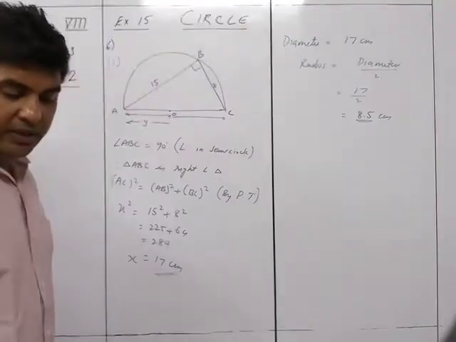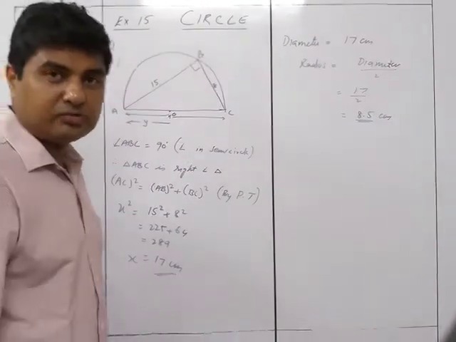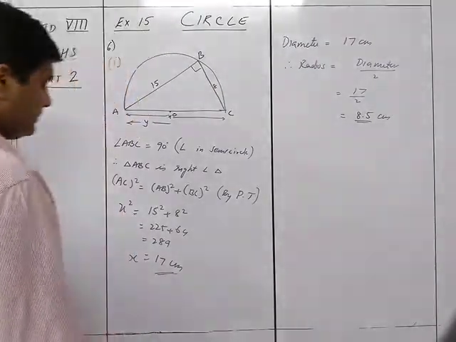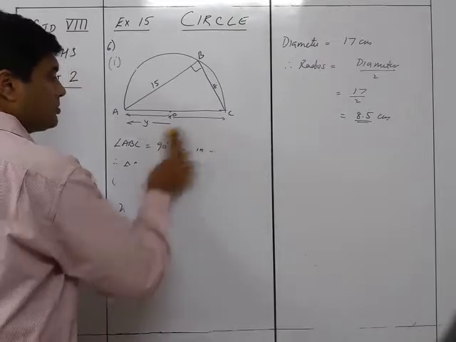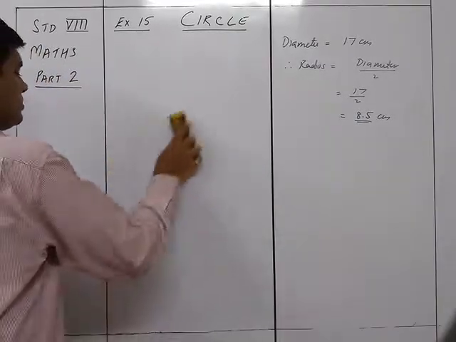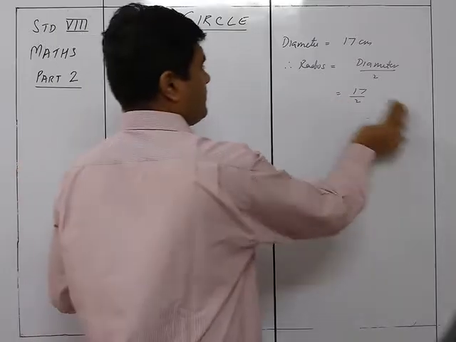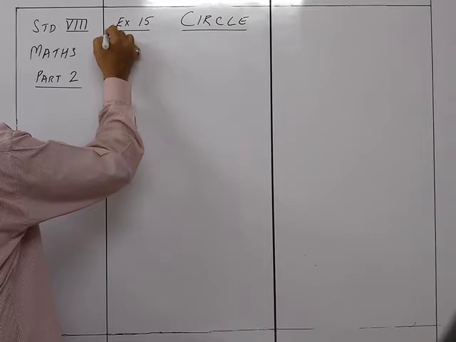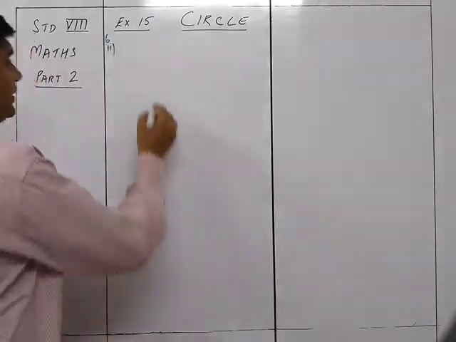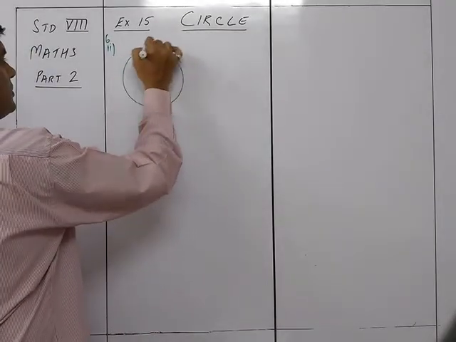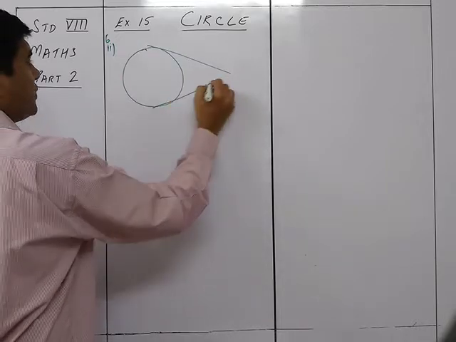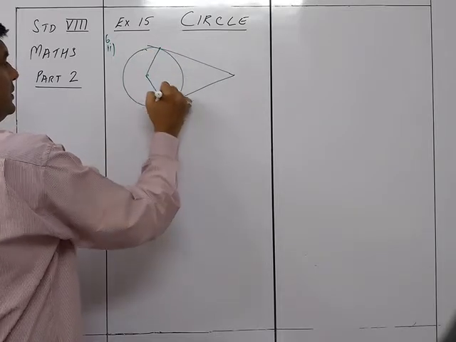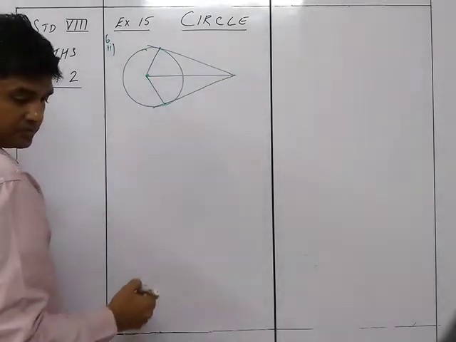We now move on to the second one. I think we will do all three sums of the sixth one because they are all different. So for 6 second, they have a circle with tangents from a point outside the circle, and the center, like this.